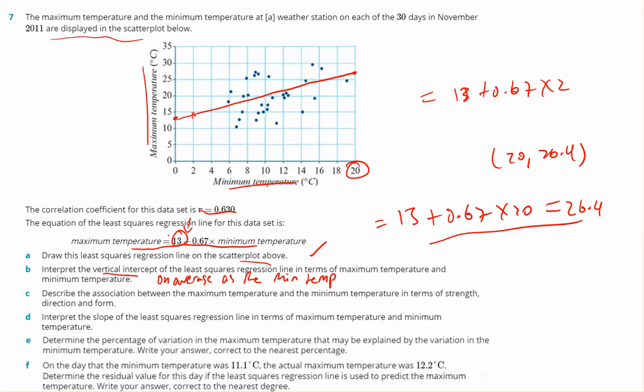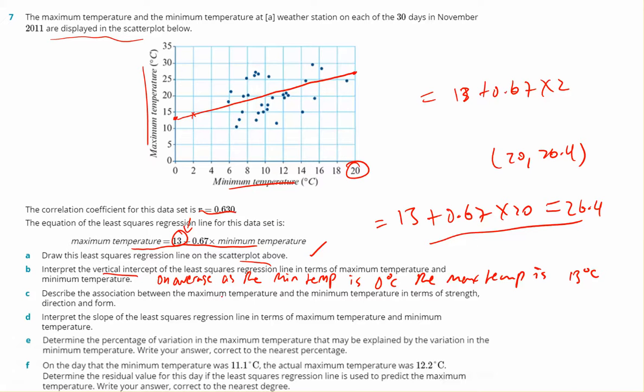So it's just one set. On average, when the min temperature is 0 degrees Celsius, the max temp is 13 degrees Celsius.